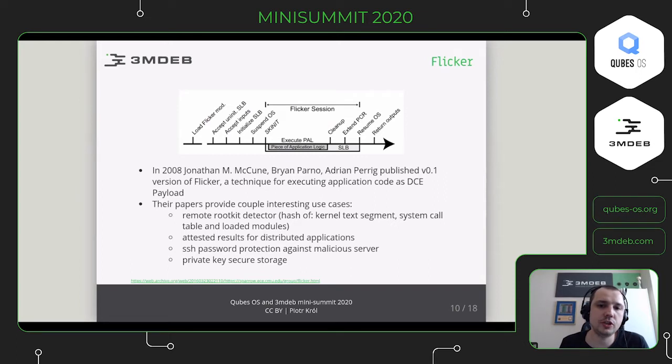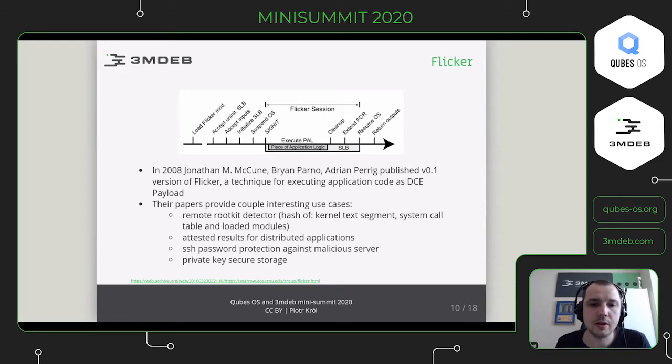So we provide those execution paths, a piece of application logic, to all those computers, and we ask them to execute that code, and those results have to be attested and proven that this was really run by SKINIT, and we are then sure that those results cannot be faked because hashes are hardware proved, if we can say.